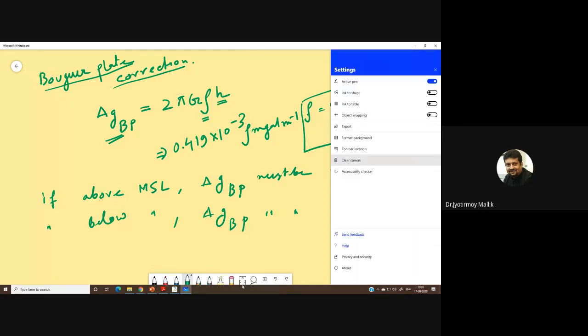And then finally, the free air correction. Delta G FA, like we had written.